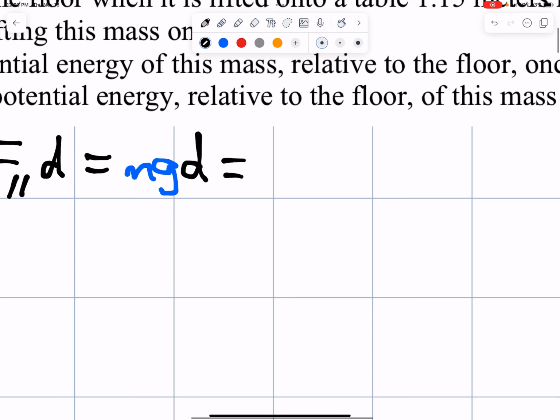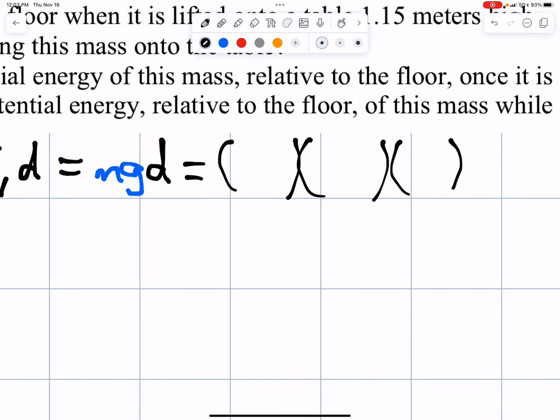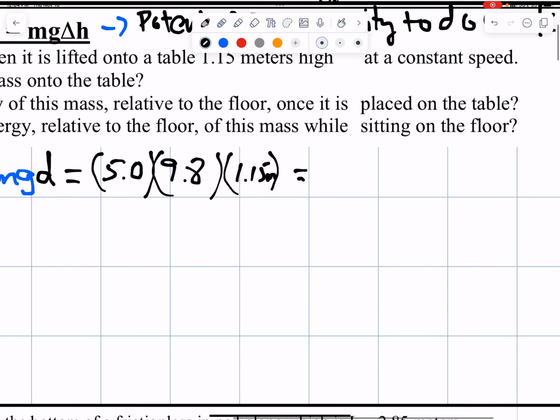Okay, now I'll go ahead and plug into it. Mass is 5 kilograms, so we're going to go 5 kilograms times 9.8 times 1.15 meters. All right, let me just take a second to draw my answer box.